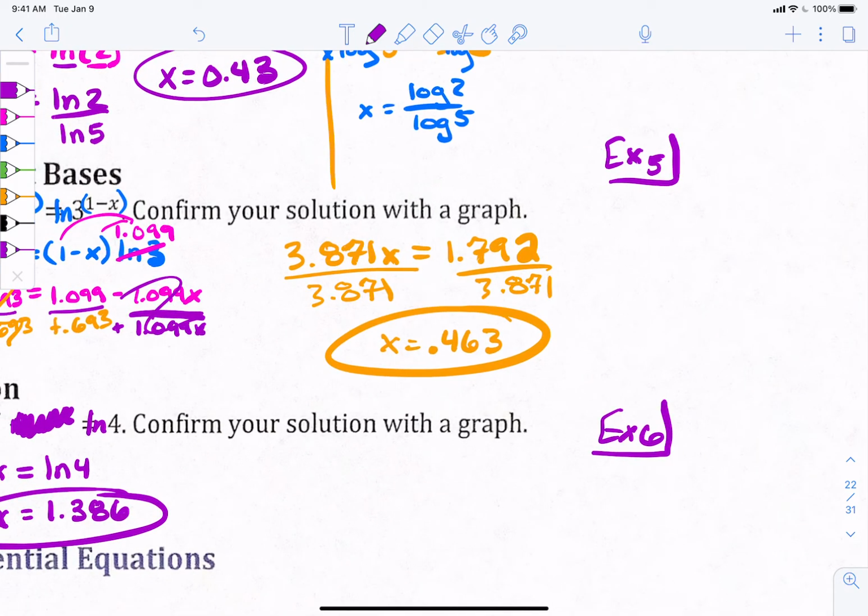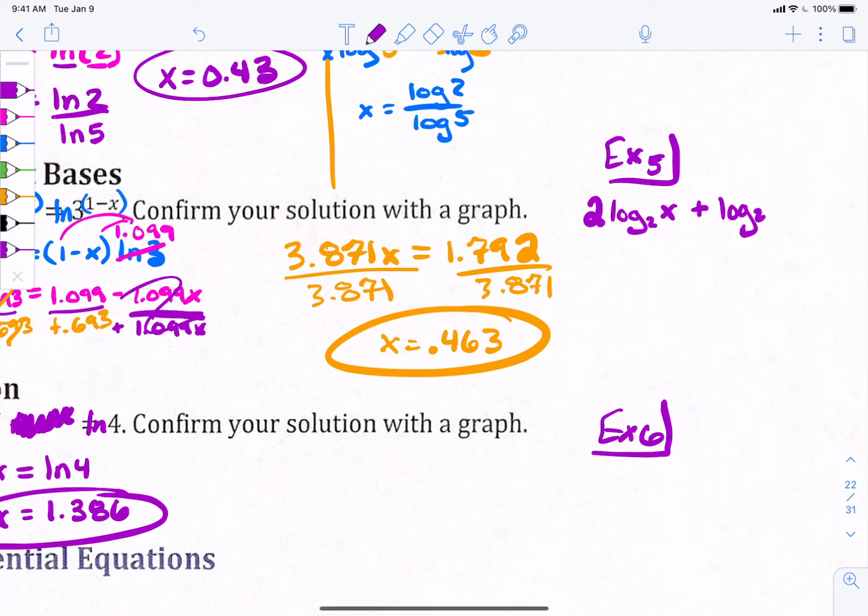Okay. Do log. You guys already know how to do these. Log base 2 of x plus log base 2 of, let's make it interesting.